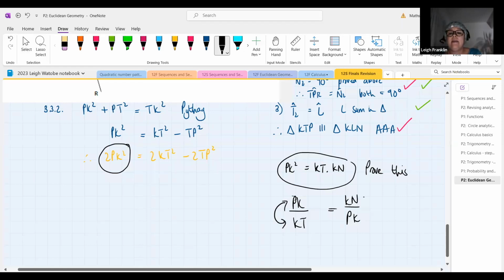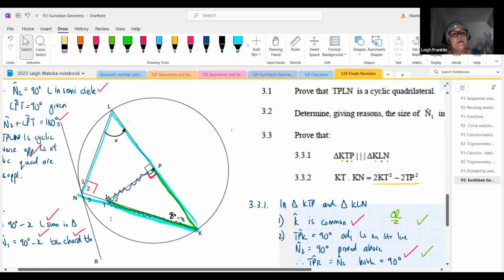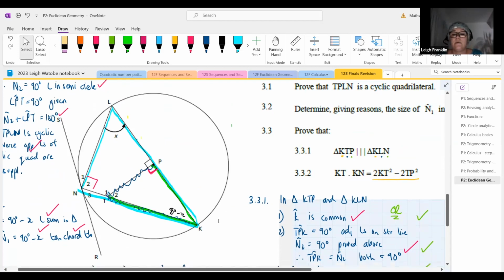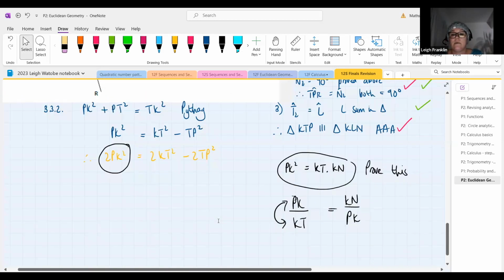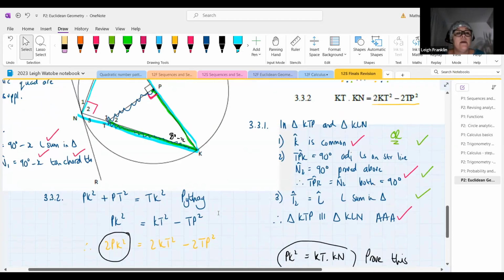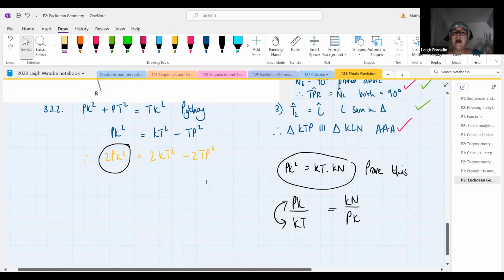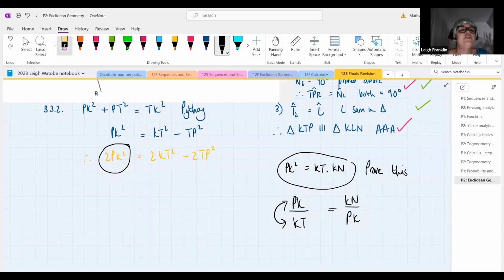Is KNPK a triangle? No, that's not working. Sorry, it's KNP. Is KNP a triangle? KNP is not a triangle. Okay, so now we've hit a little bit of a snag.